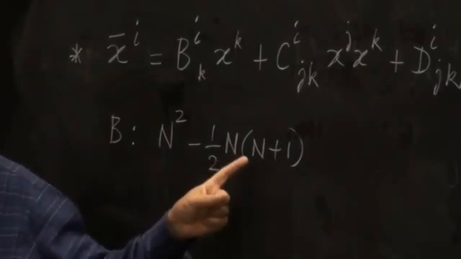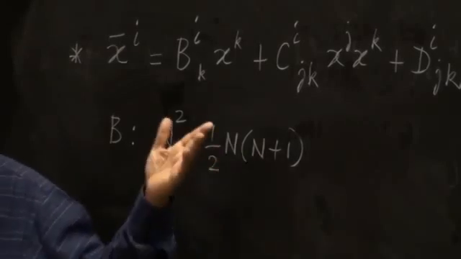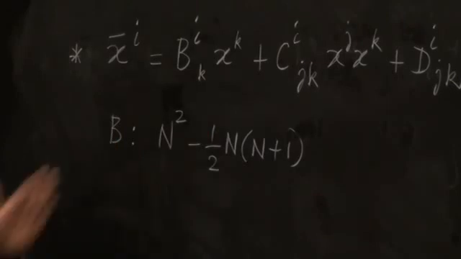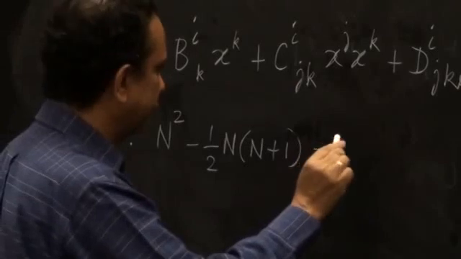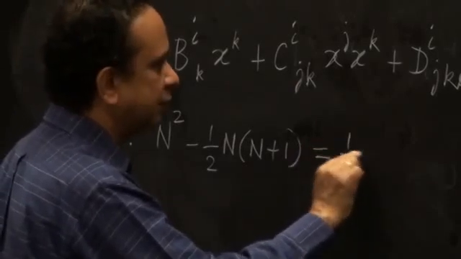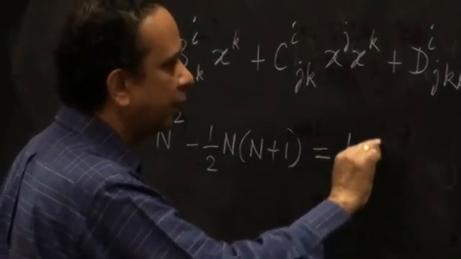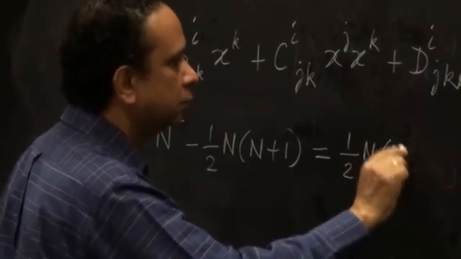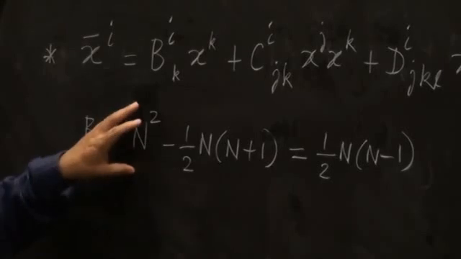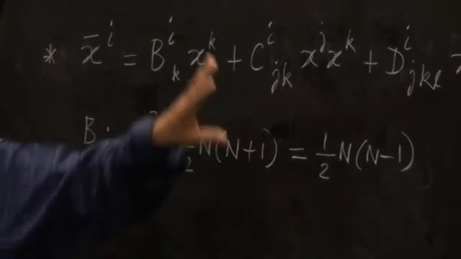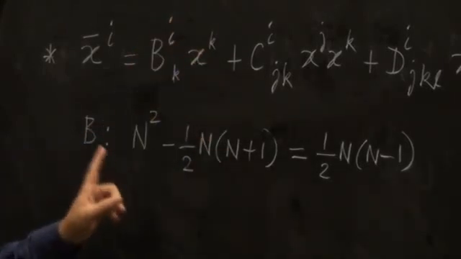For example, in 4 dimensions it is 5 into 2, which is 10 components. So if you do this, you find that n squared minus half n(n+1) gives you half n, so it is half n into n minus 1. So not only does B have a sufficient number to set these things, I have this much extra.